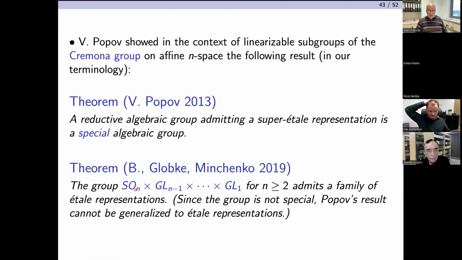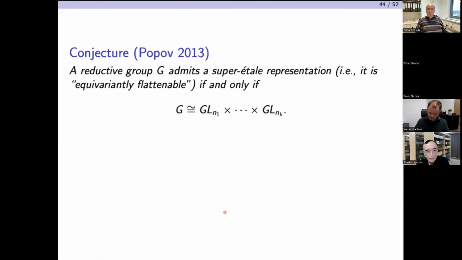This is the red example from the table in the beginning. You can construct families of étale representations so that the group is not special. The SO_n here is not allowed. You remember there were only SL_n's and Sp_n's, but not an SO_n. That can't be. So the group cannot be special. So this cannot be generalized.